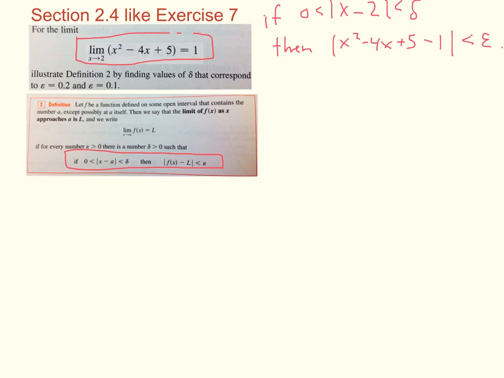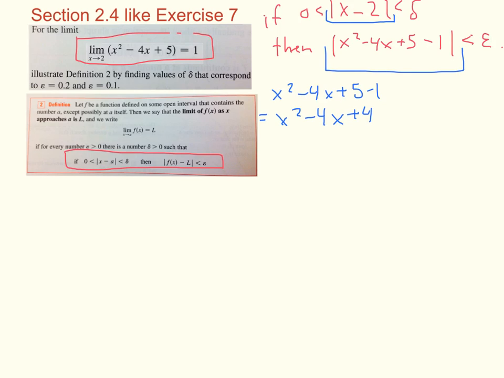We've got some given numbers for epsilon and we are going to find deltas. The general strategy is to look at this part right here and see how it relates to this part right here. So we have x squared minus 4x plus 5 minus 1. What does that simplify to? x squared minus 4x plus 4. I have a quadratic there.